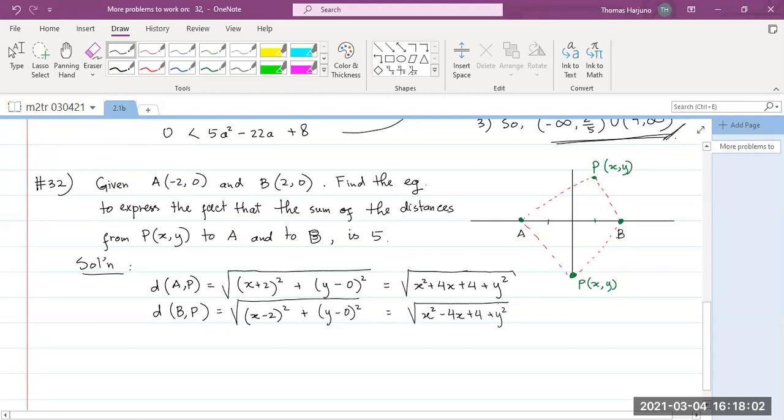Is it okay for now? So the distance from A to P, if I pick a random P, x comma y, will be the one in yellow. And the distance from B to P will be the one in blue.